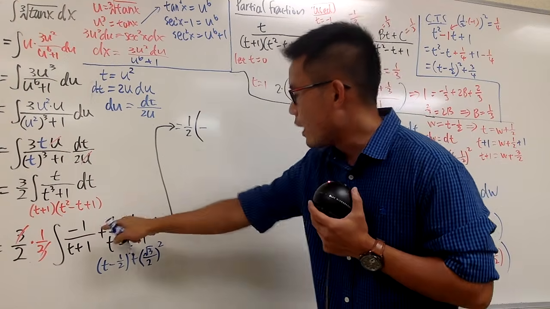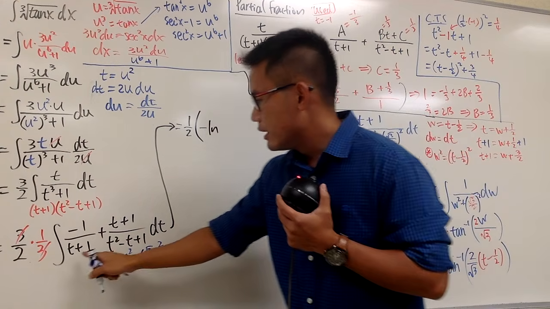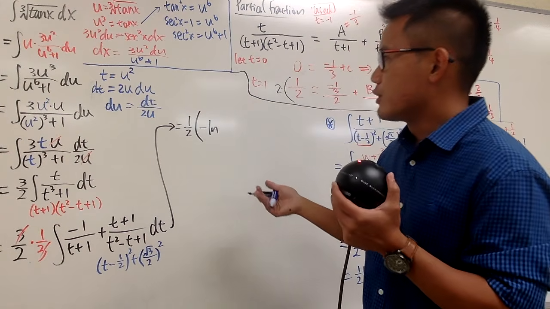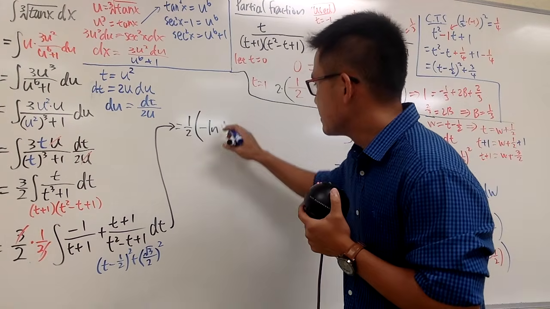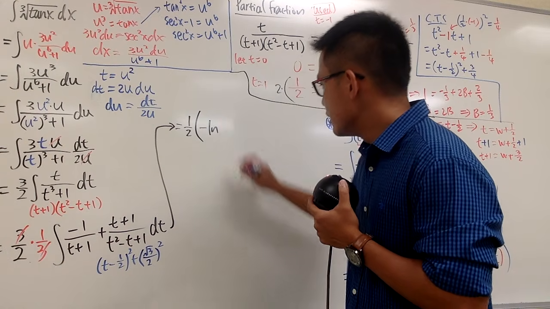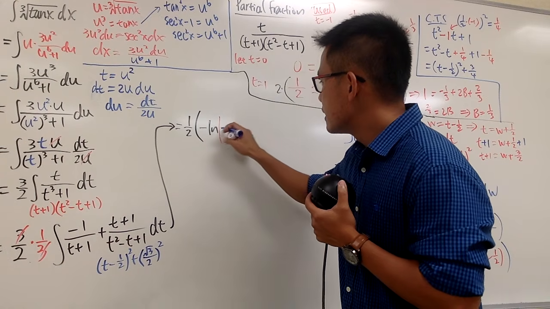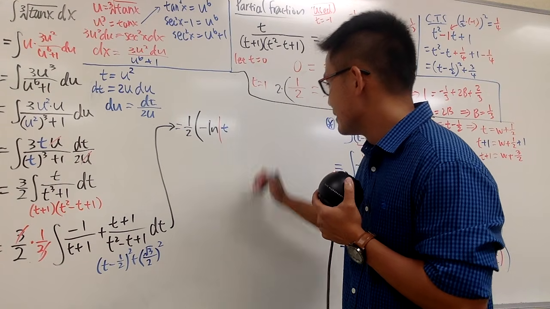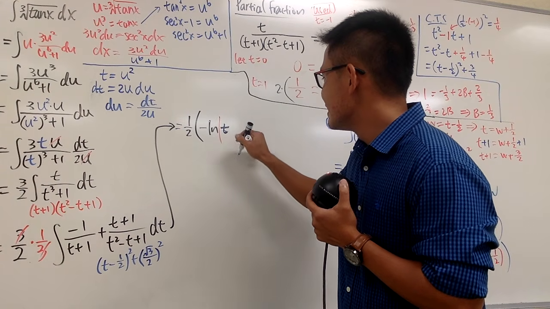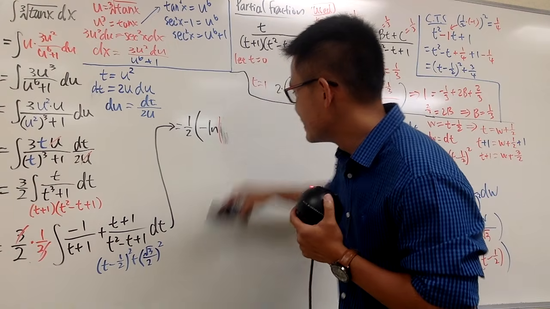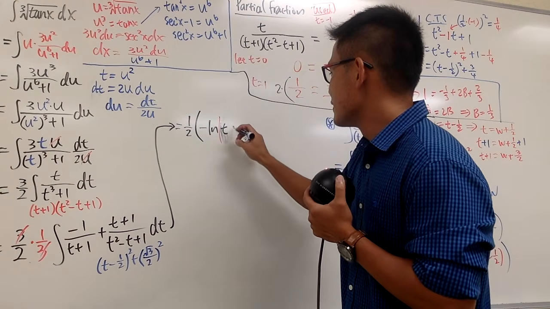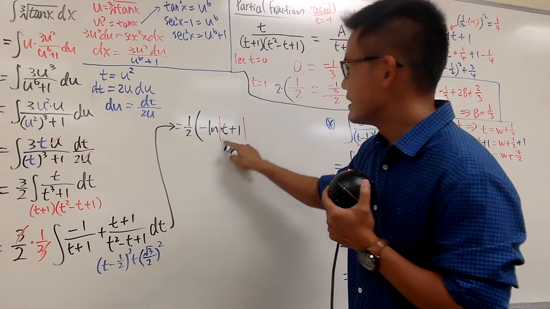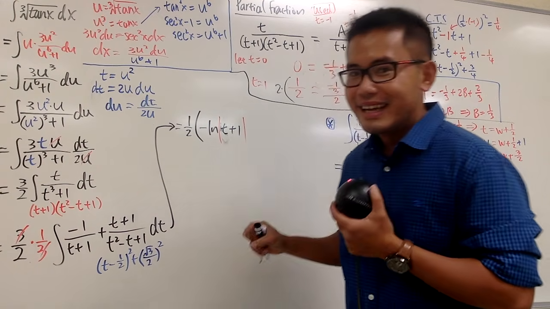We have -1, and then this is going to be ln of t plus 1, right? I don't know if it's going to be positive or negative, so I'm just going to use the absolute value for now. So absolute value, t plus 1. I'm worried if I have enough space or not. All right, so this is the first one.